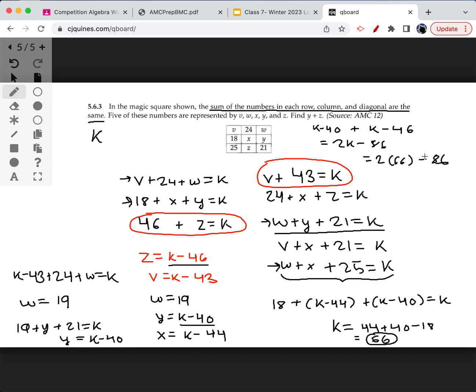And this would have value 46. So y plus z is equal to 46.